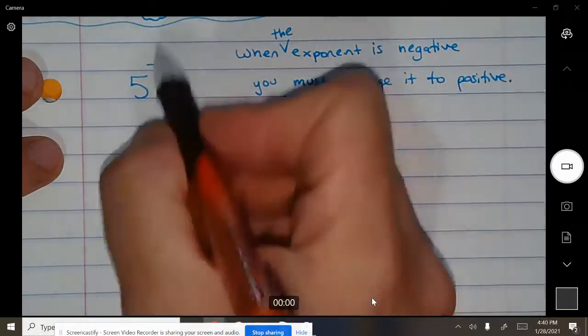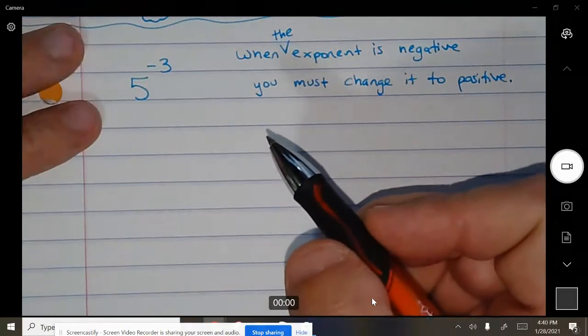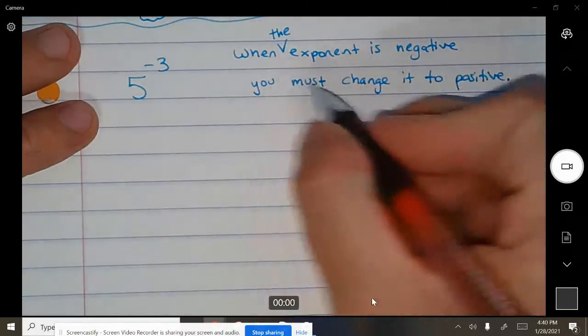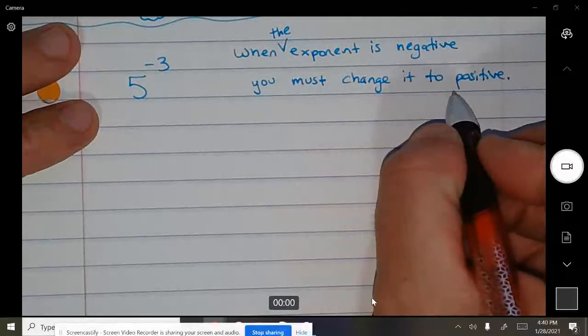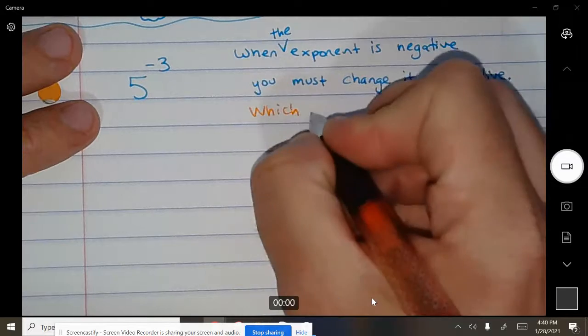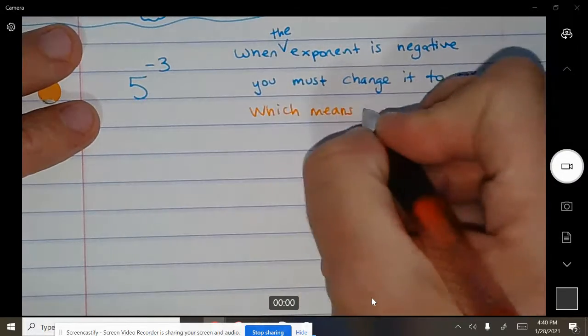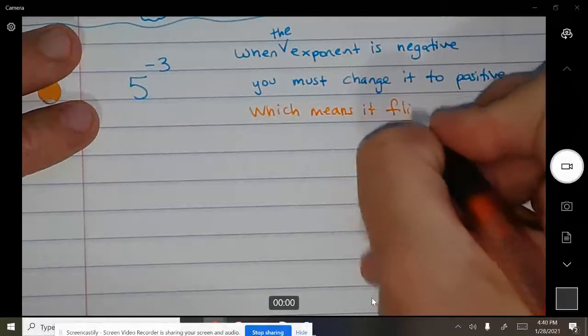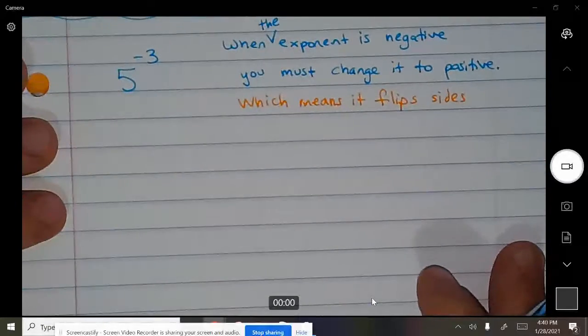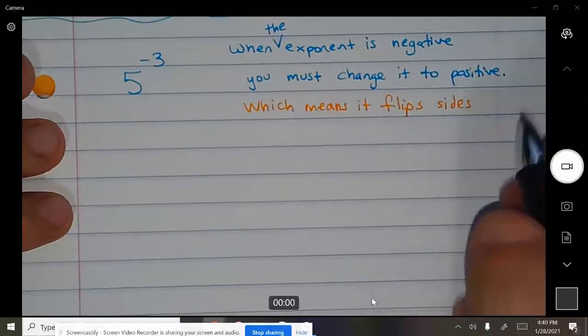But we can't just say, okay, now it's positive, and that's it, and we're done. In order to do that, when the exponent is negative, you must change it to positive, which means it flips sides. It's going to flip sides, okay?